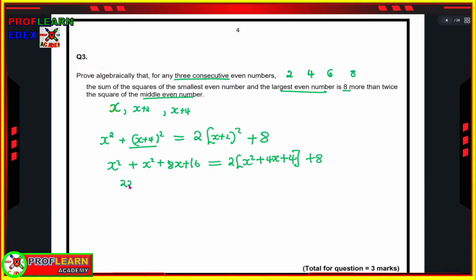Like terms together, 2x squared plus 8x plus 16 is equal to 2x squared plus 8x, and this becomes 8 plus 8.